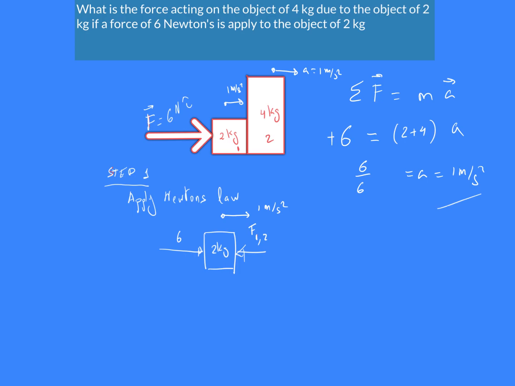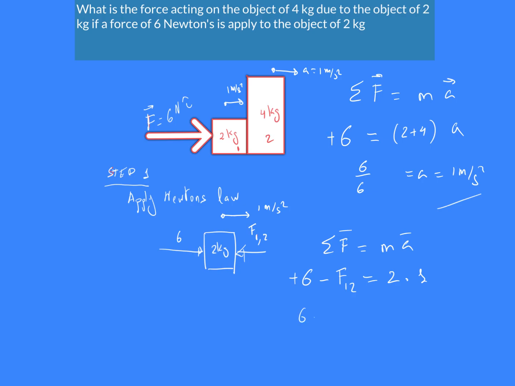So I will apply Newton's law. What is the sum of all the forces? Well, the sum of all the forces is the mass times the acceleration. In the x direction, how many forces do I have? I have the 6 positive going to the right minus F12, and this is equal to the mass 2 times the acceleration 1.